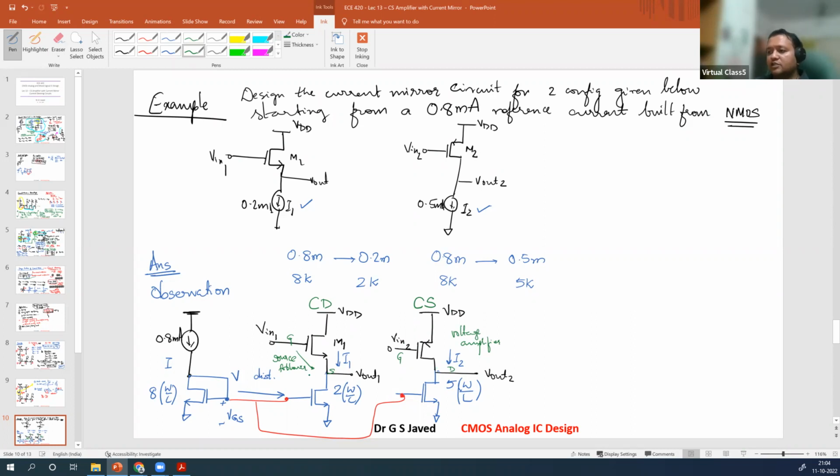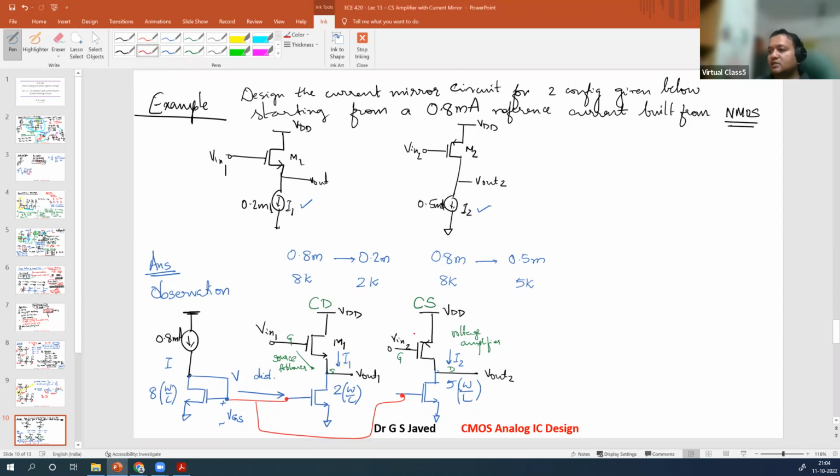So there is no inversion here, there is inversion here. So these are the ways you will have to look into circuit design aspects. Okay. So now what happens if you connect Vout2, Vout1 and Vin1.